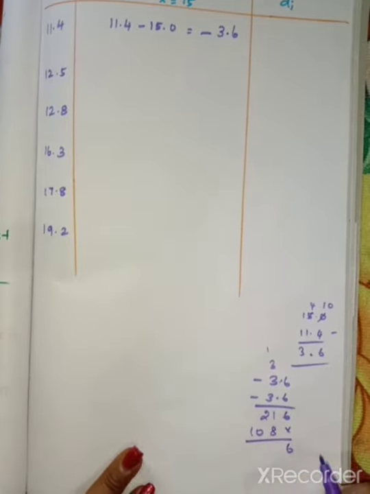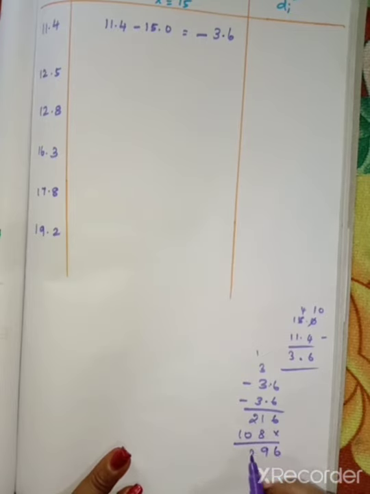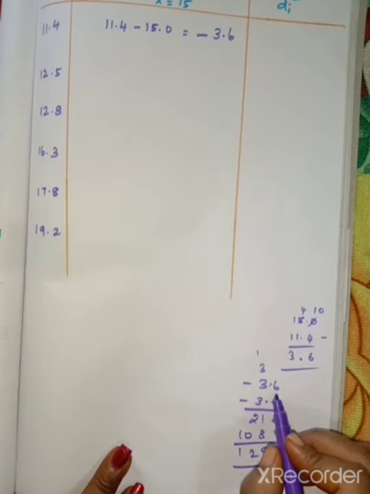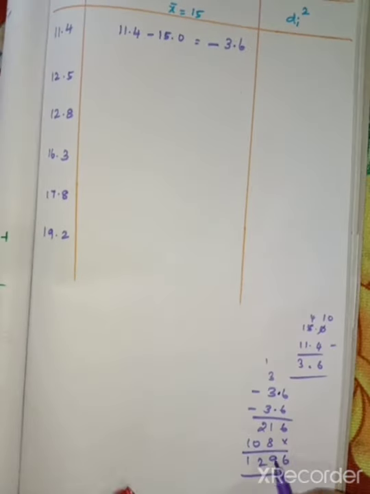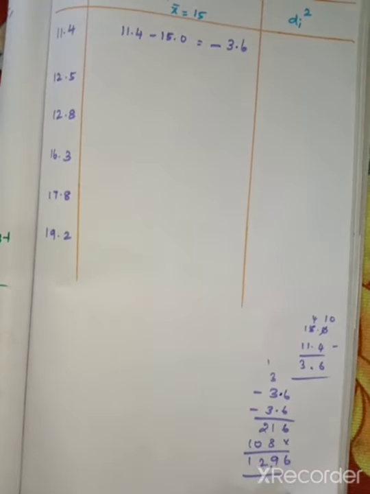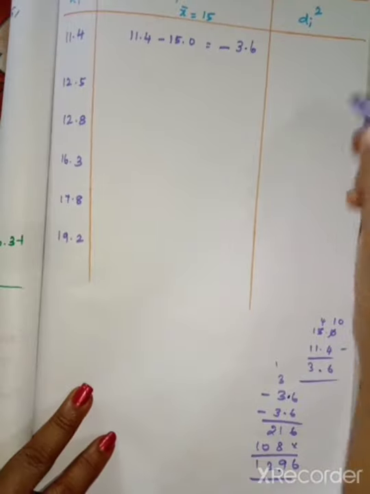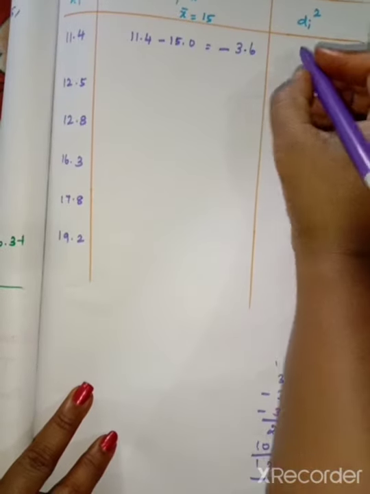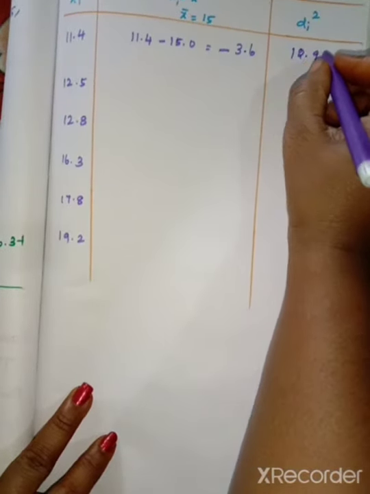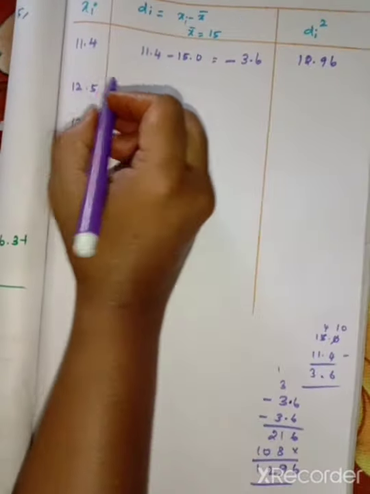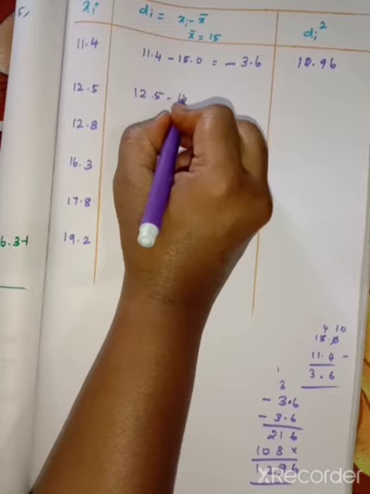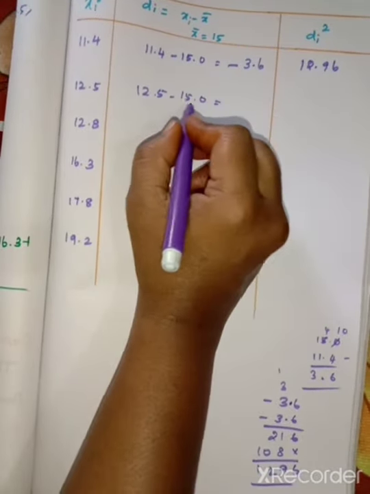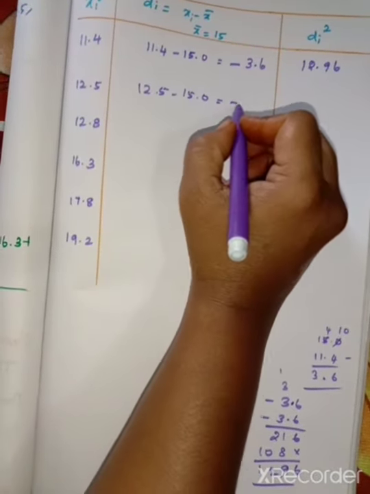If you add, 6, 9, 2, 1. Before this we have 1 decimal, and here also we have 1 decimal, so totally 2 decimal places. So minus into minus is plus, so 12.96. Likewise here also we want to subtract, that is 12.5 minus 15.0. Here also the greater one is 15, so the minus sign is there.